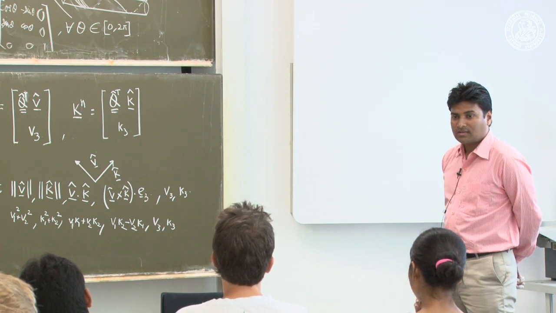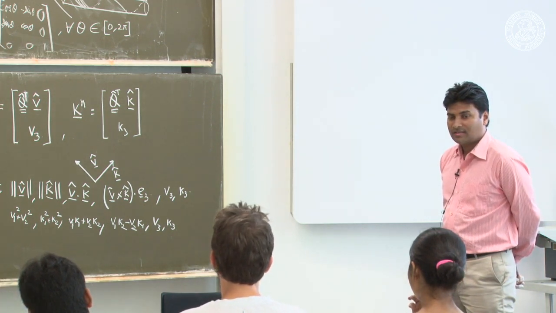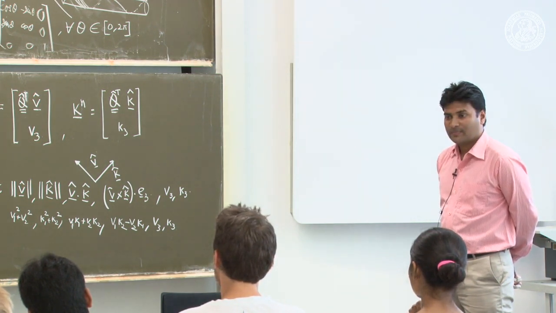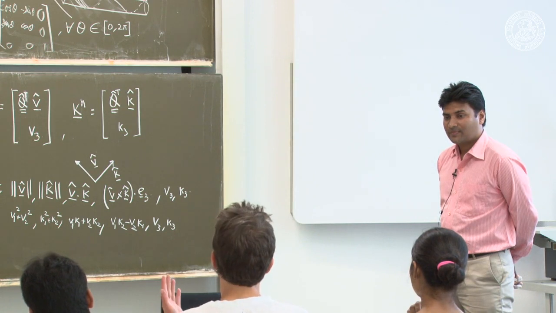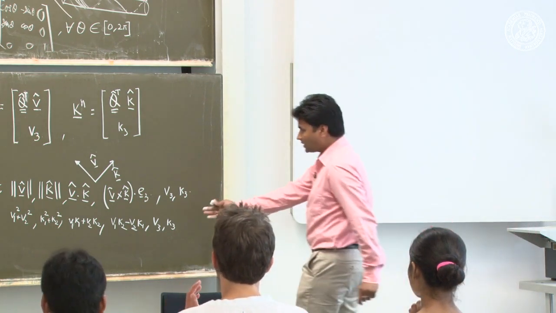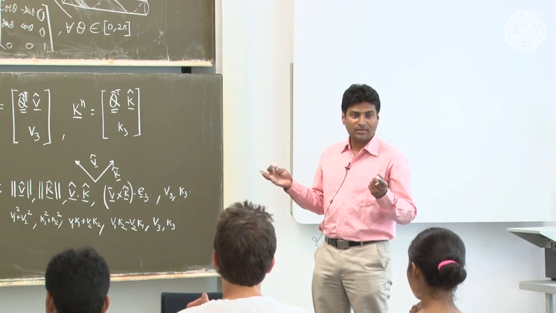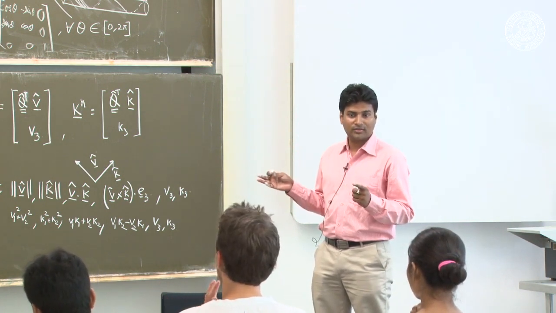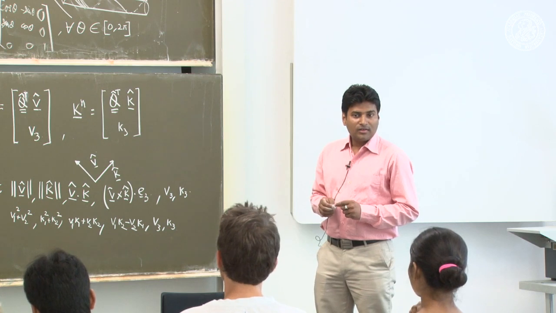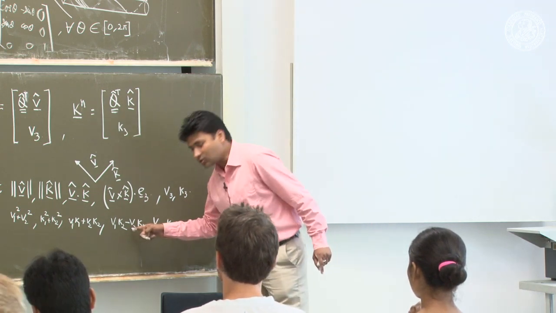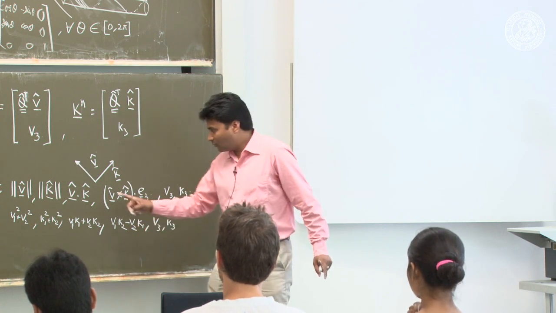Anything else? Yeah, what about V3 and K3? V3 will change to minus V3, K3 will change to minus K3. And of course, the cross product changes. What about the magnitude?